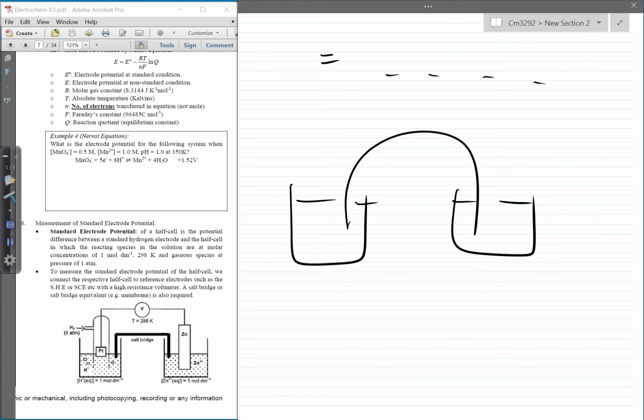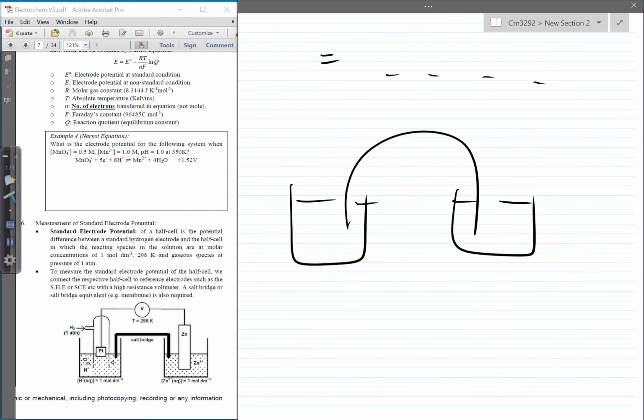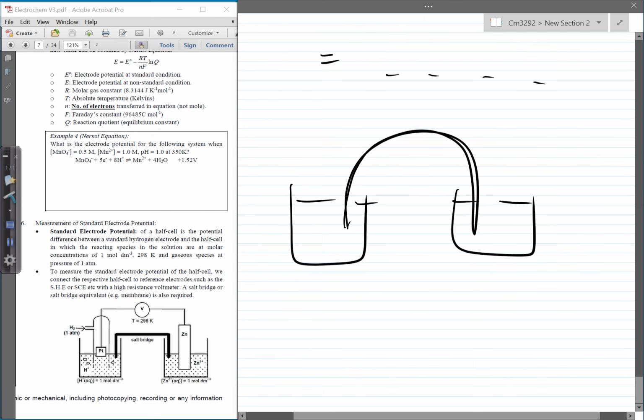Do you think it's doable? The salt bridge works by ionic equilibrium. What about a wire? If it's inert metal, but it's still conductive, let's say platinum. Platinum is conductive. You can just connect a platinum wire here. Will it work?